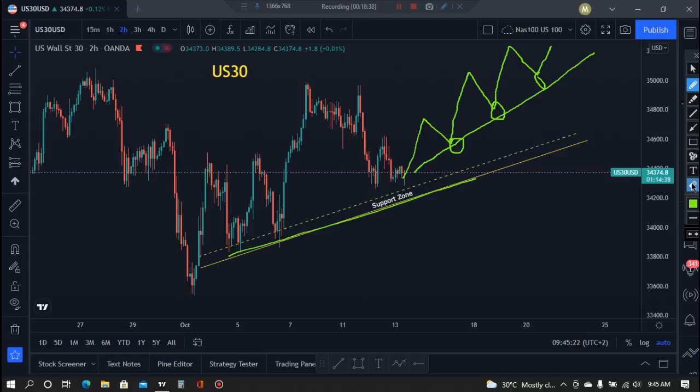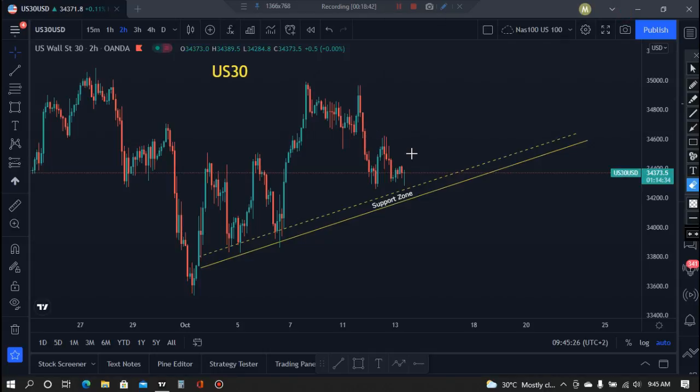So on US30, the overview for today, Wednesday, is still on a buy momentum, even if it seems like the buy is not that strong, but buy momentum wasn't going to be strong here, you see. So the market has to come back here before we get that push.